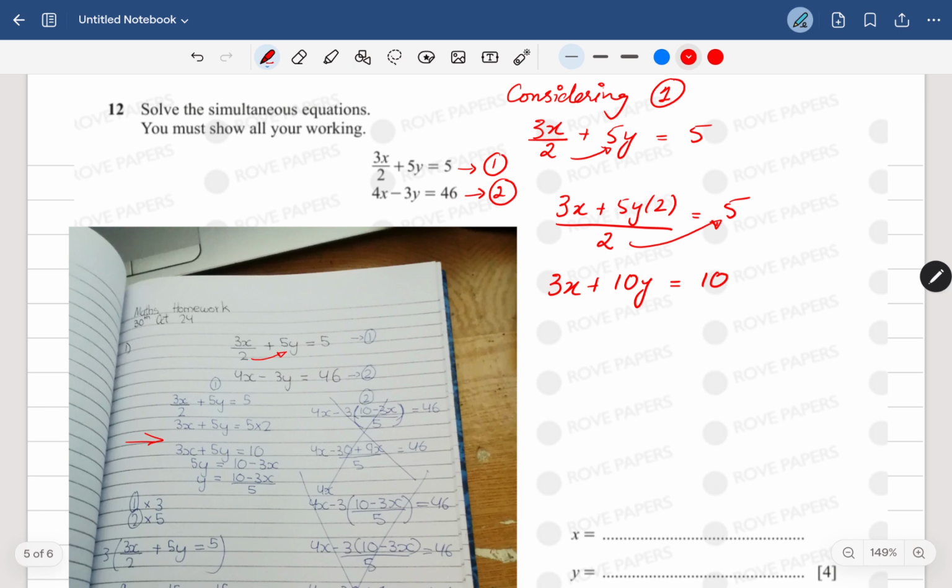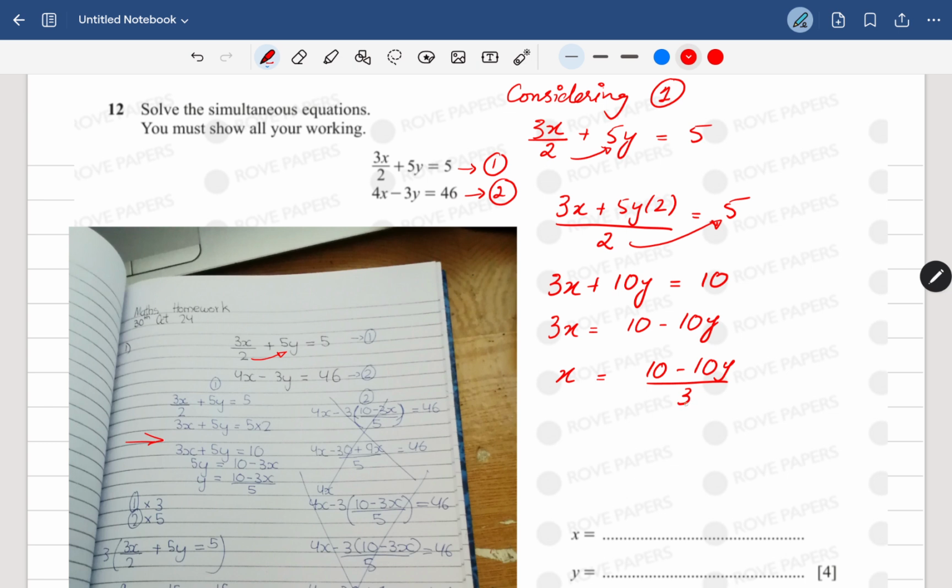Now it's your choice which variable you want as your subject of the formula. In this case, I would like to keep x as the subject of the formula. So how will I do that? It is 3x equals 10 minus 10y, and then x equals 10 minus 10y divided by 3.